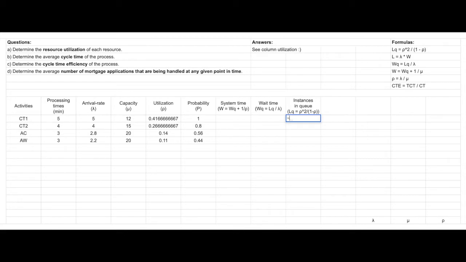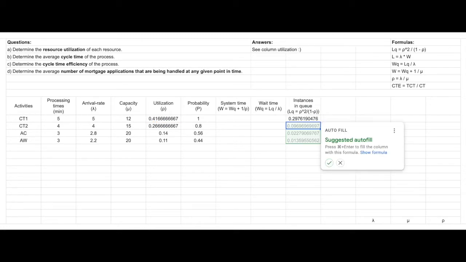To do so, we simply apply the formula resource utilization times resource utilization divided by 1 minus resource utilization. Right? And we need to apply this for each of the activities.